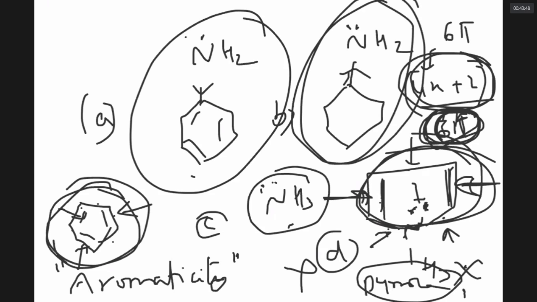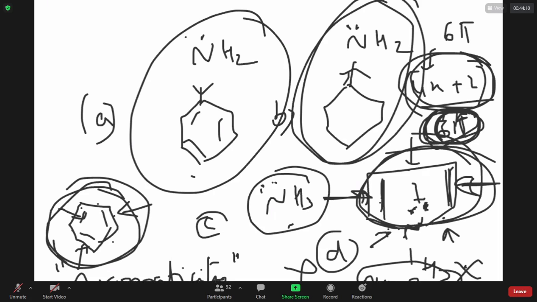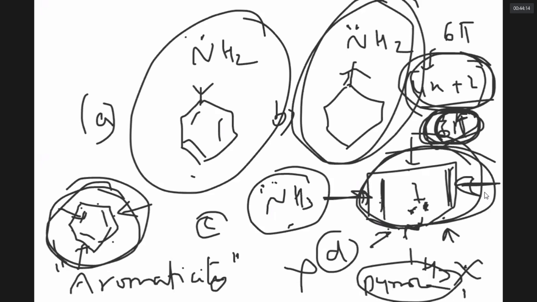Therefore, the order of basic strength is obviously B is a better base than C, C is better than A, and A is better than D. D is the worst base because the lone pair is fully engaged in aromaticity. A is a bad base because the lone pair is withdrawn by resonance. B is a better base because the electron density is increased by the electron releasing nature of cyclohexyl.